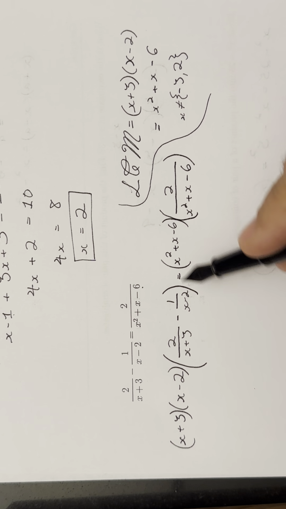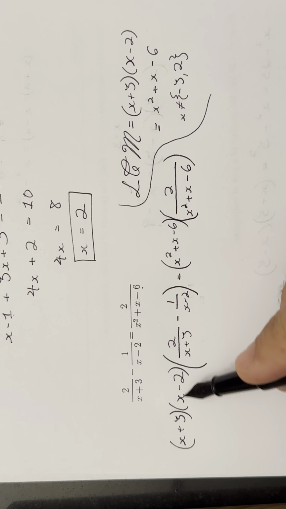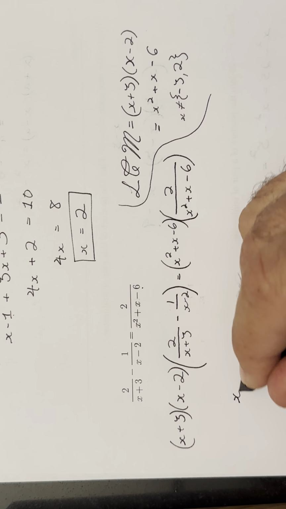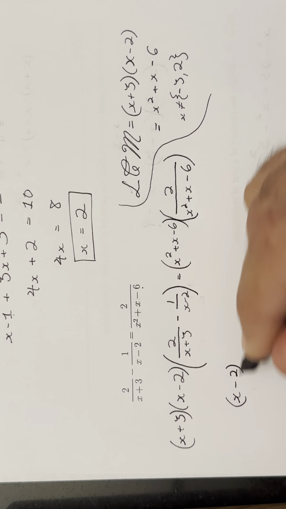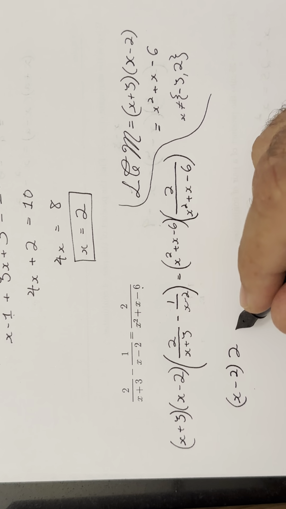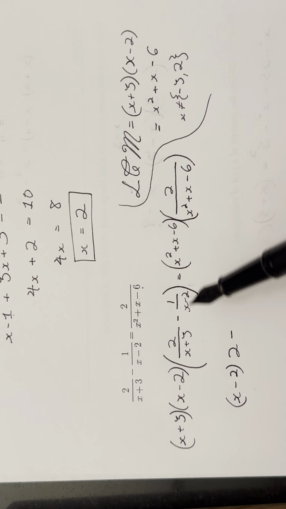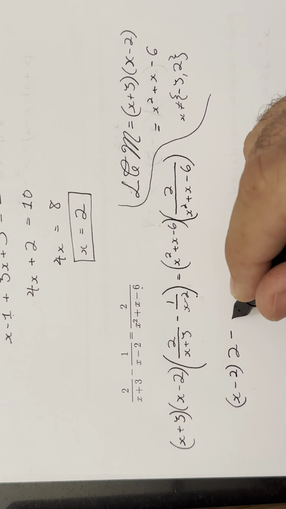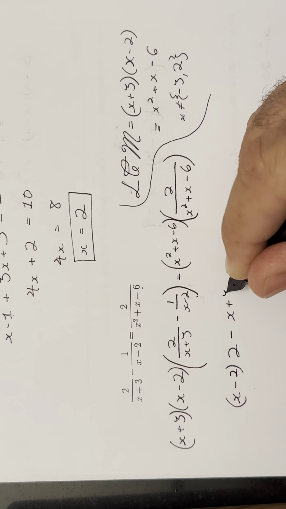All right, so on the left-hand side, we distribute these two to both terms. X plus 3 divided by itself is 1, so the first term, we only have an x minus 2 there, and that's being multiplied by 2. On the next term, x minus 2 divided by itself is 1, so the x minus 2's go away, and all that's left is the x plus 3.